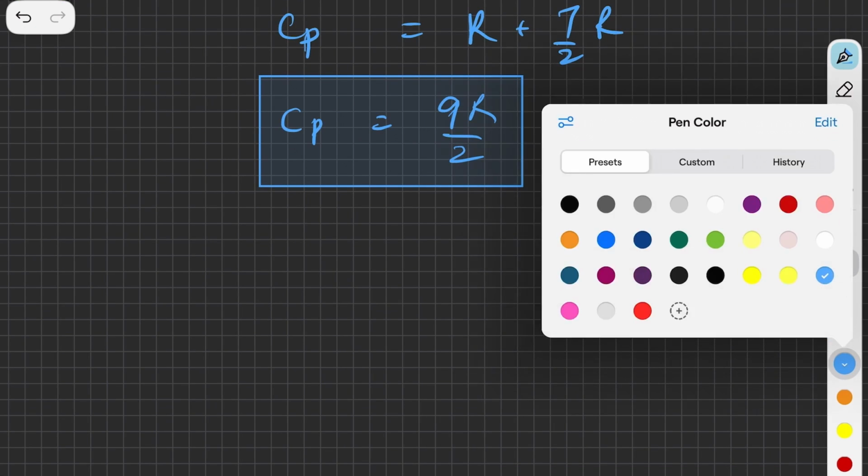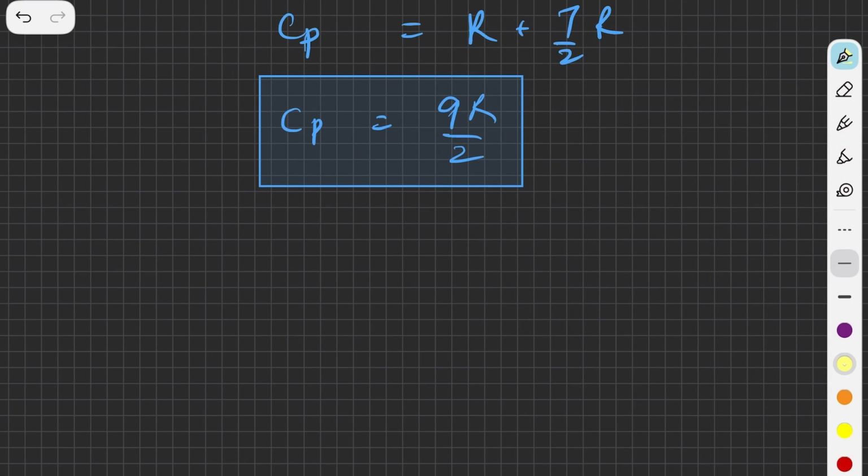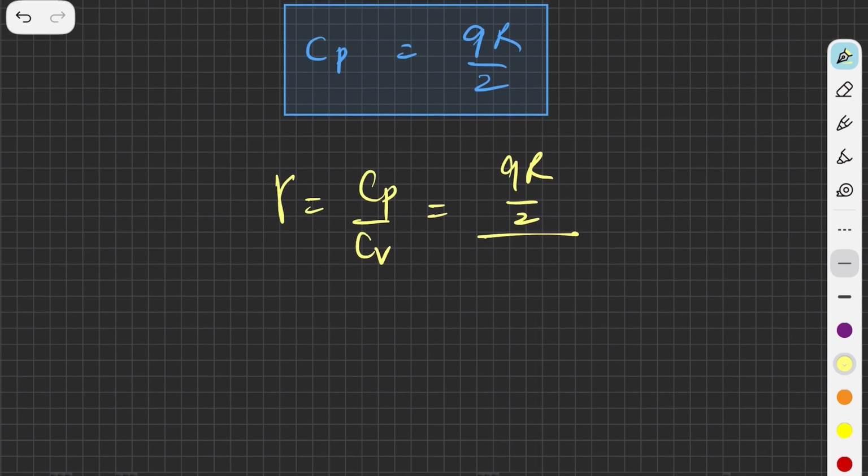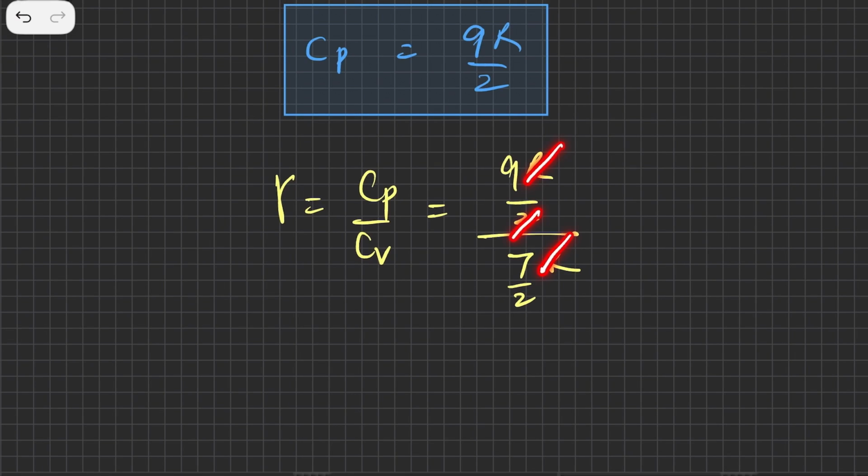Now the final part, wherein we are supposed to find the ratio of specific heats, that is gamma, equal to Cp by Cv. This Cp by Cv will come out to be 9R by 2 upon Cv, which was 7 by 2 R. So R and R get cut, 2 gets cut.